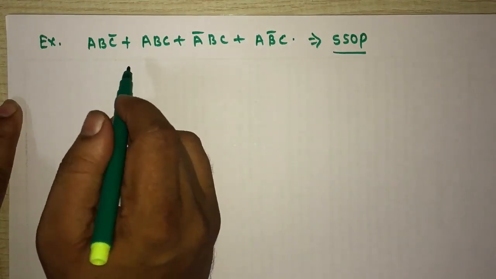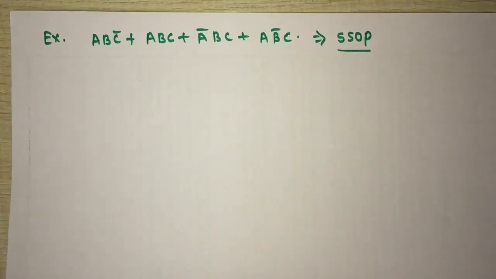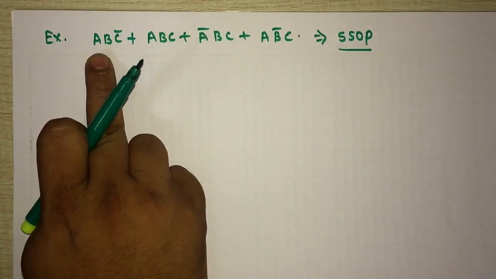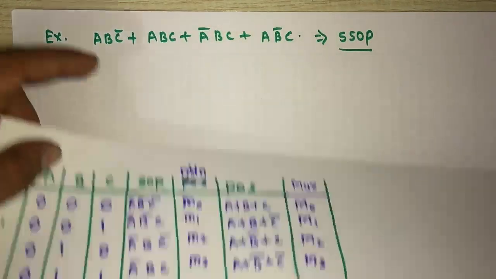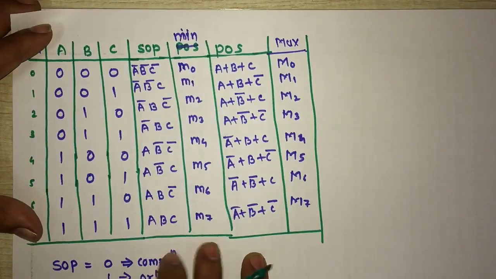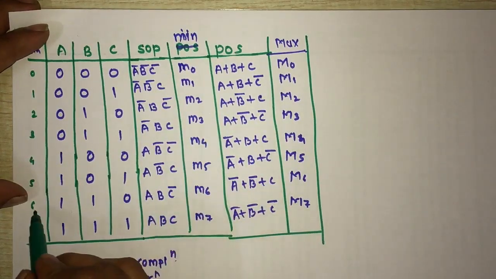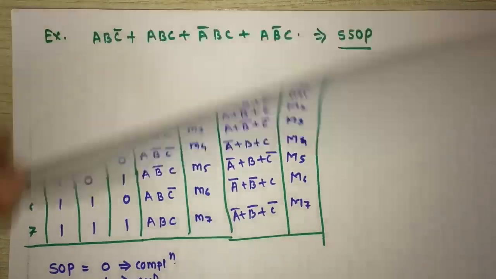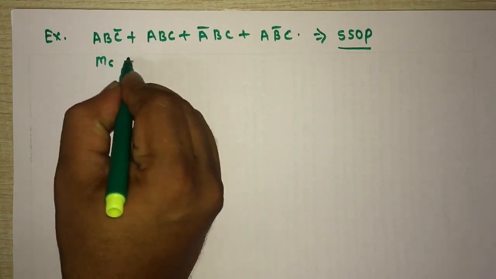Okay, so from the table that we have seen previously, we have to find out the min term numbers of this equation. So A B C bar, where is A B C bar? This is min term M6, so this is small m6.